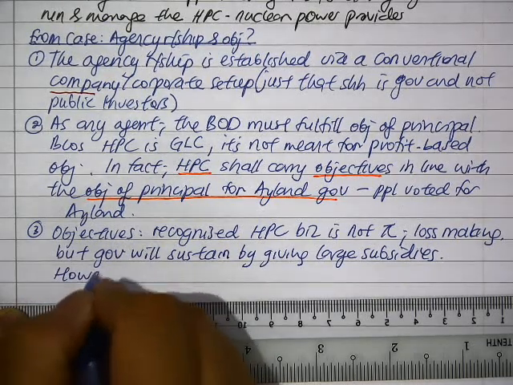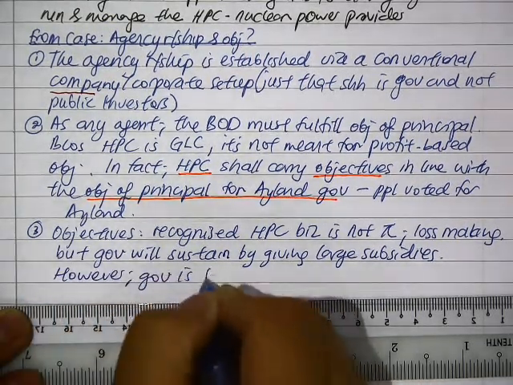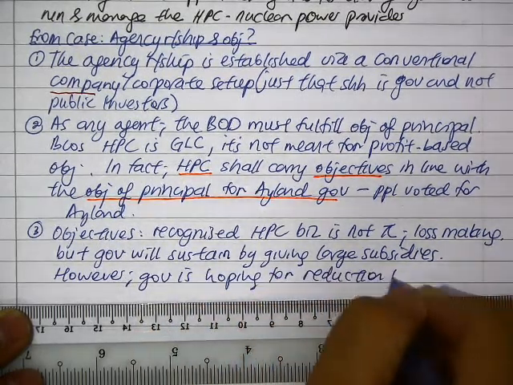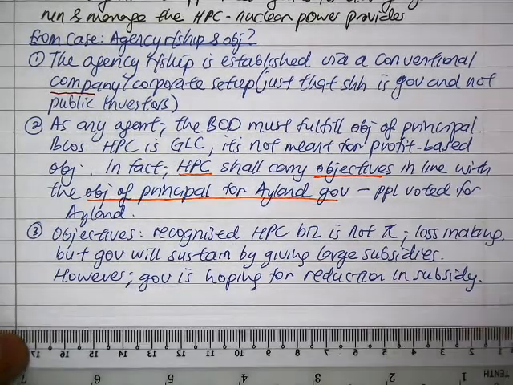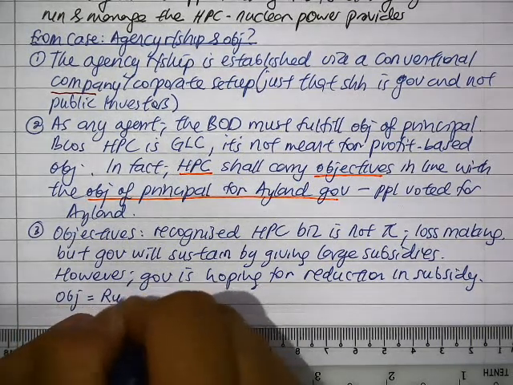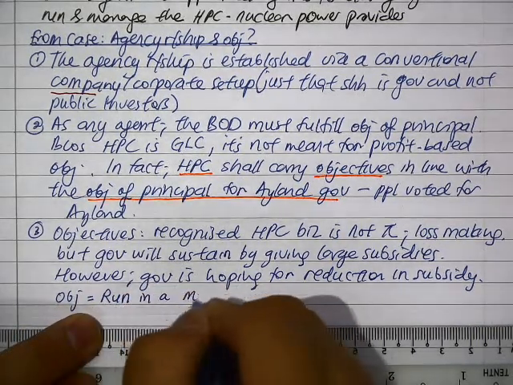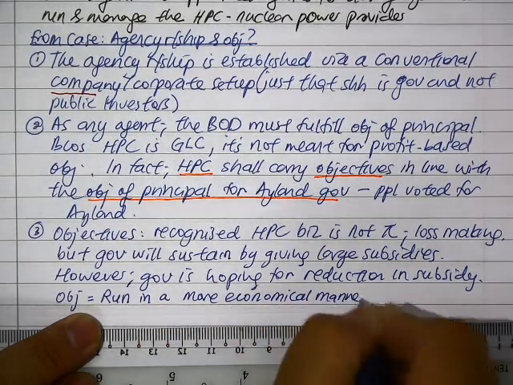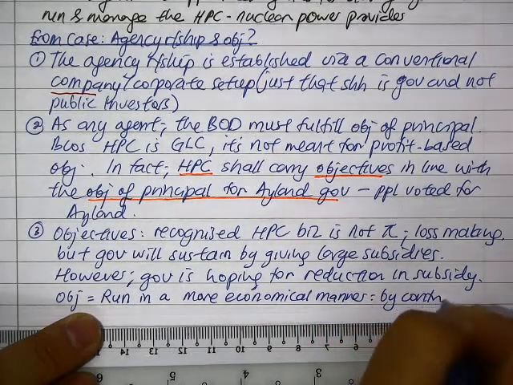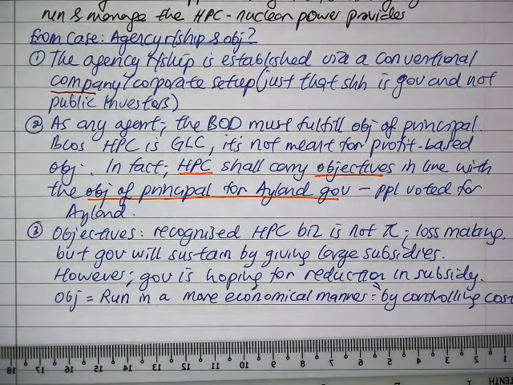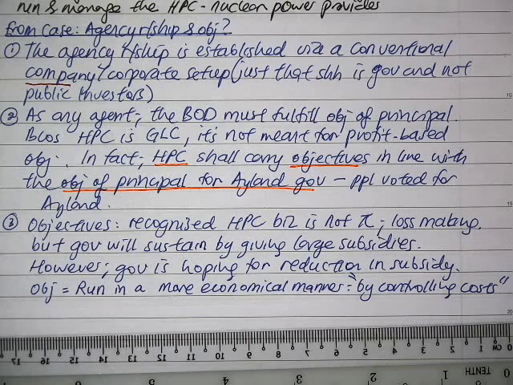Now, however, the government is hoping for a reduction in subsidy. So that means they have an objective that they want you to run it in a more economical manner by controlling costs. So you must see carefully, the manner here is manner in terms of controlling costs.